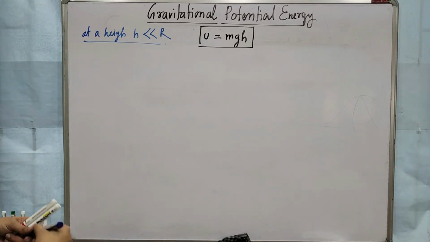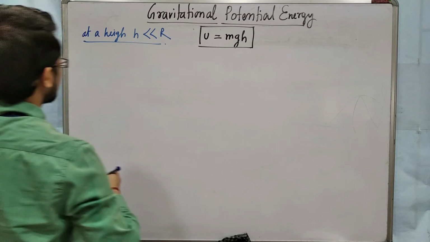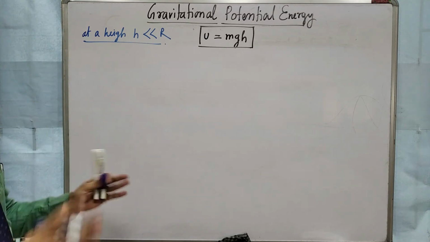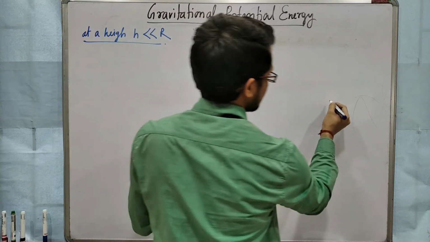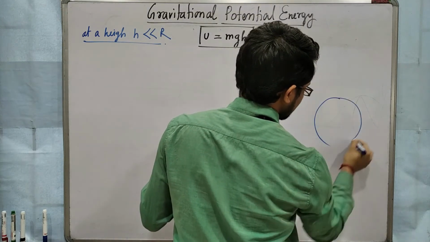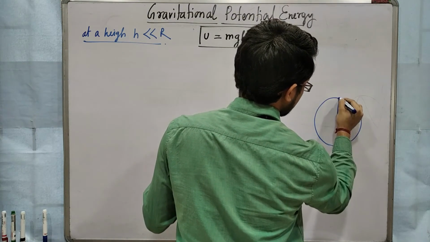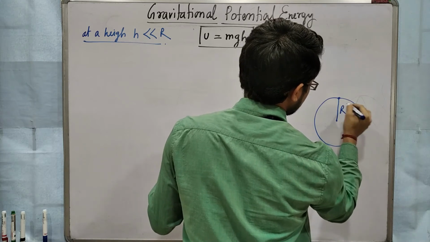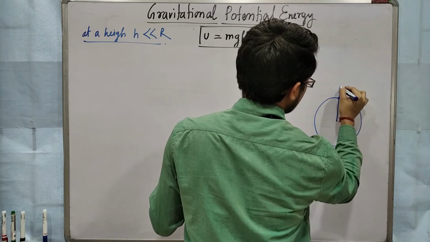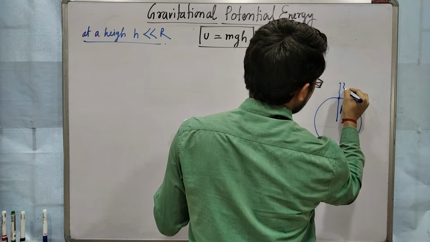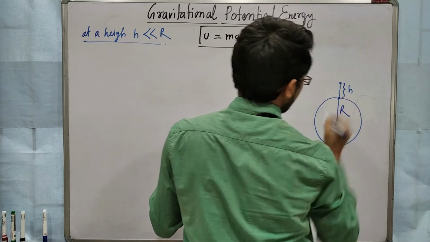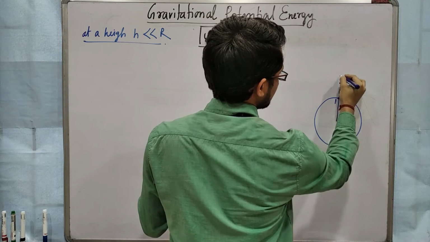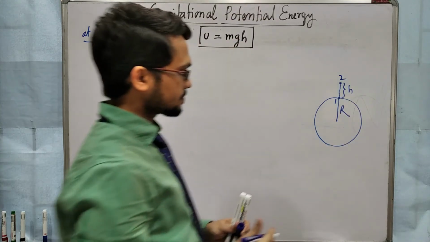The initial position is on the surface of earth, at a distance R, and the final position is at a very small height, small h. So this is position 1, and suppose this is position 2, the final position.